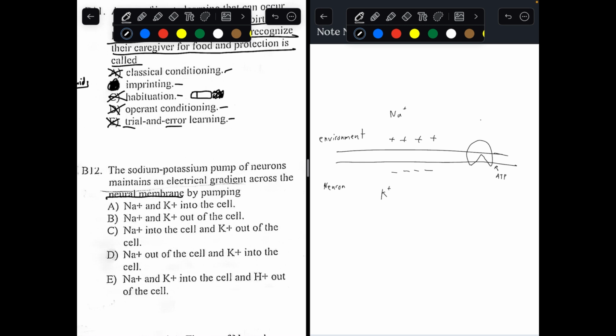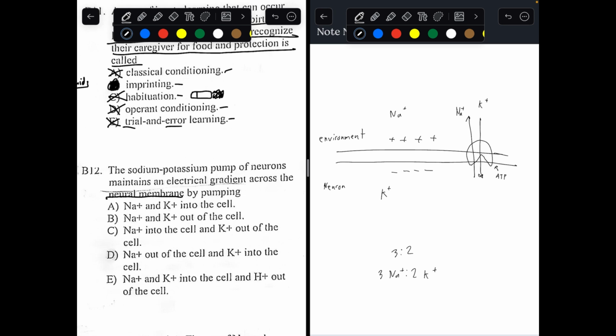Yet, since this is active transport, the sodium-potassium pump is going to pump potassium into the neuron and sodium out of the neuron, at a ratio of 3:2. For every 3 sodium ions being pumped out, 2 potassium ions are being pumped in.